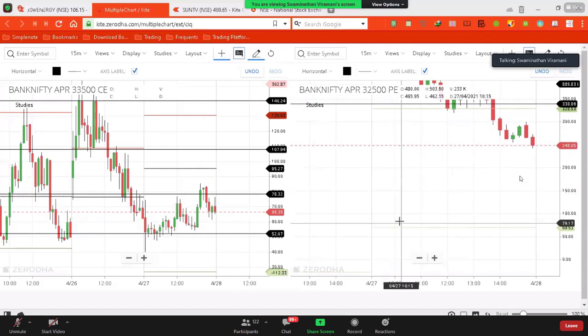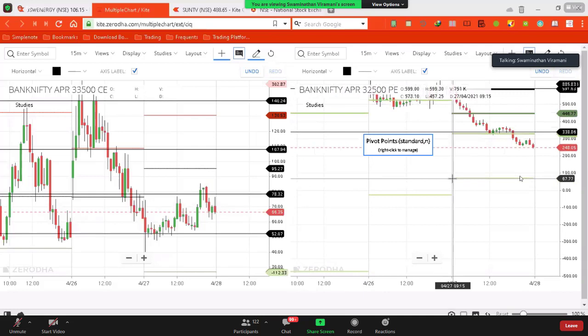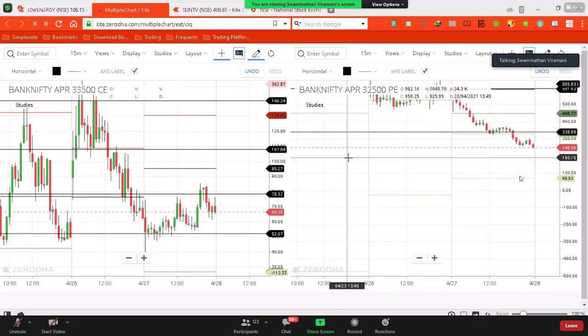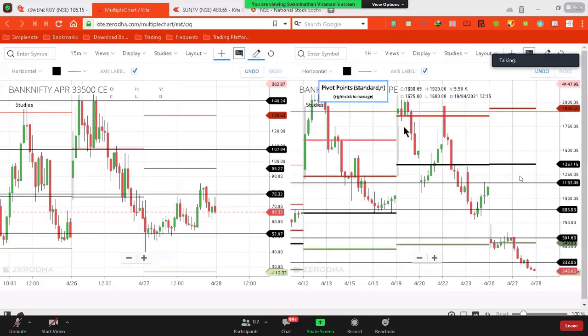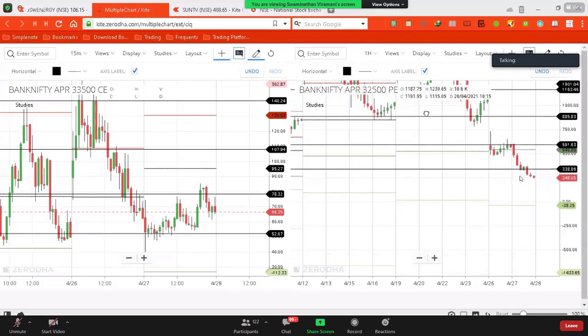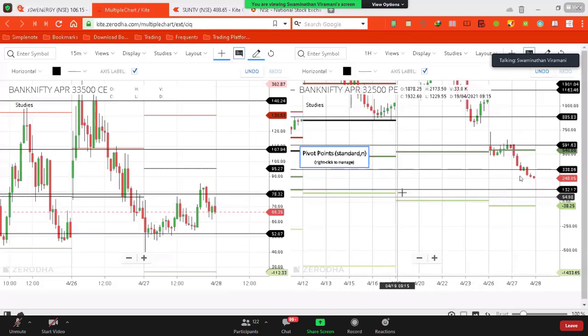I look at the next level. Now, if this is not my next level, it could be somewhere in between. Some other day's pivot level would also act as a resistance or support. So you look at it using the 1 hour chart. You see here some levels formed.